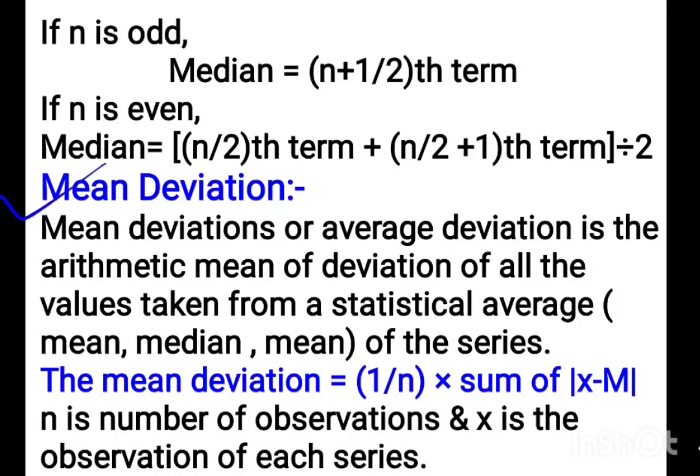Next one, mean deviation. Mean deviation or average deviation is the arithmetic mean of the deviations of all the values taken from a statistical average, that is mean or median of the series.